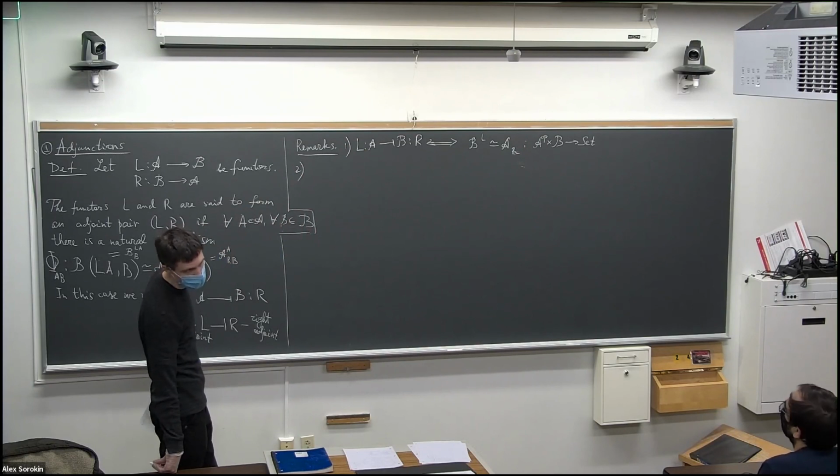We will say that a functor has an adjoint if the corresponding profunctor is representable or co-representable.